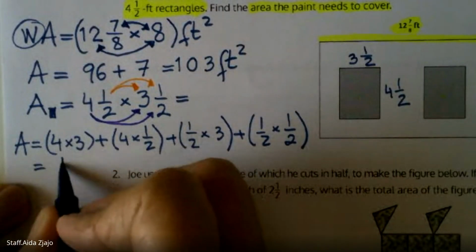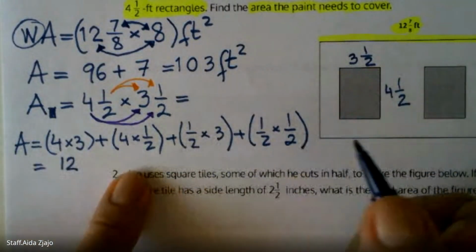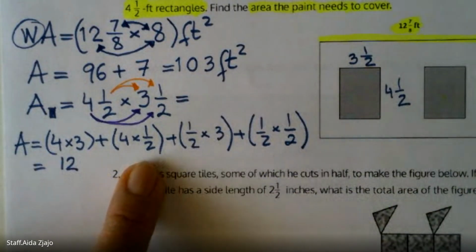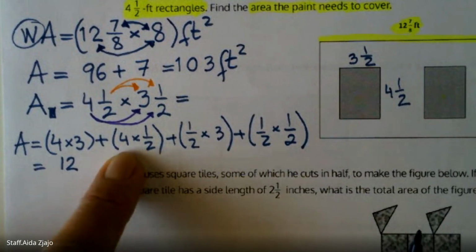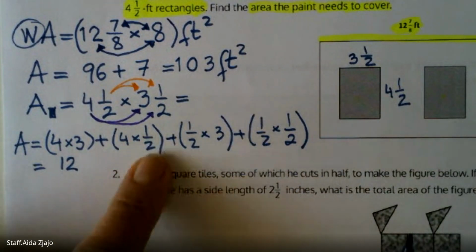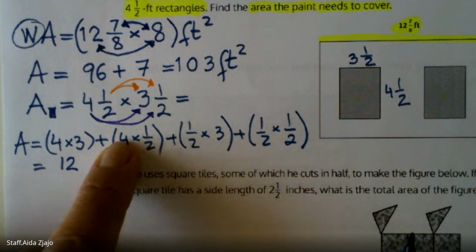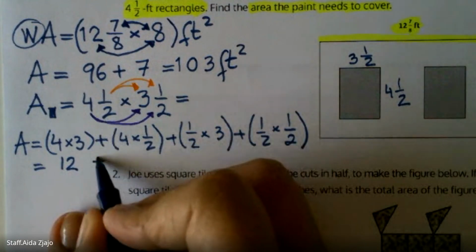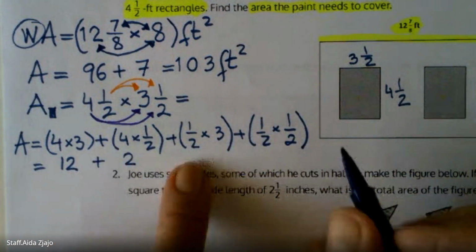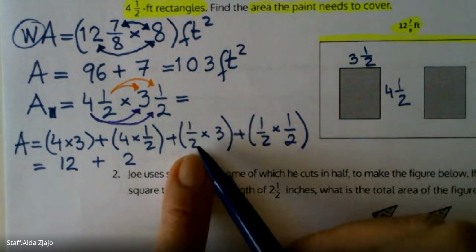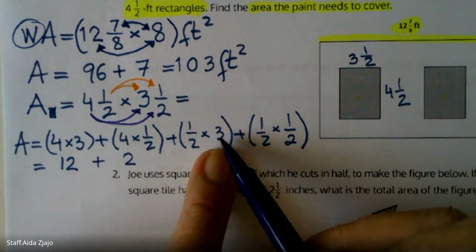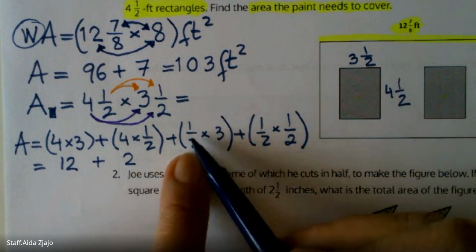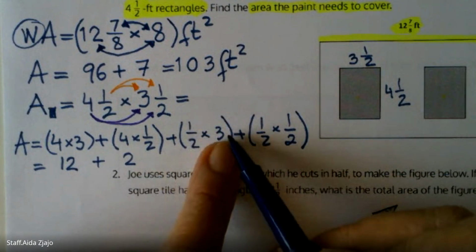Now I need to calculate this. 4 times 3 is 12. Use language when talking about halves because it will make sense. You can say 4 halves, or what is half of 4? Half of 4 is 2. Then 1/2 times 3, or what is half of 3?